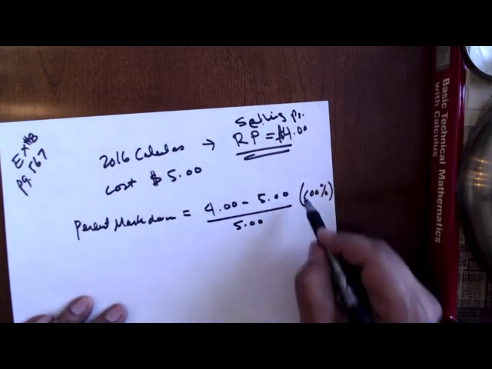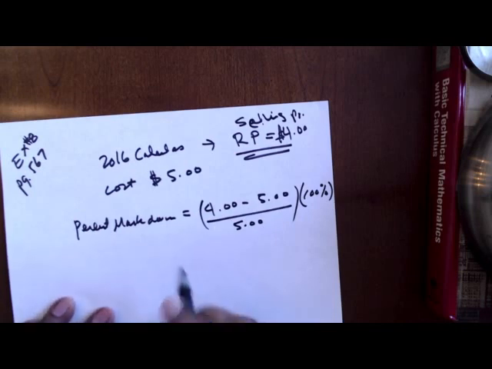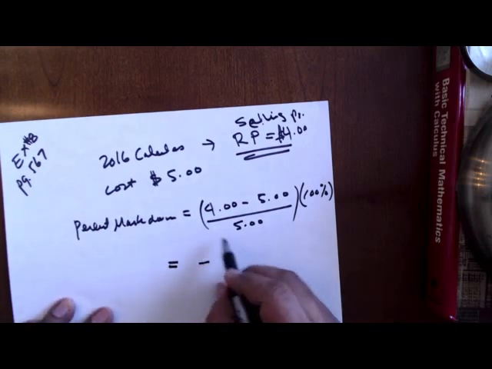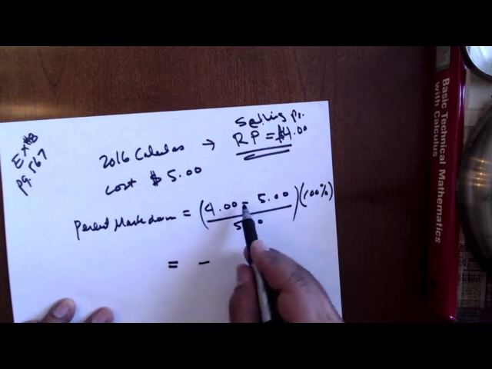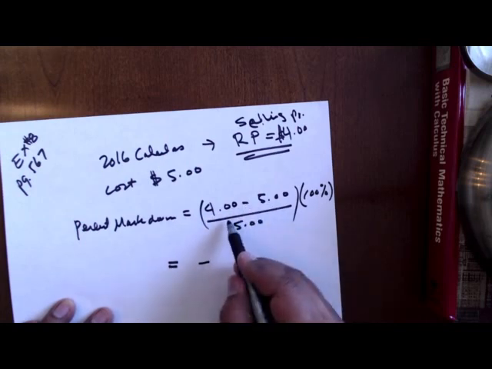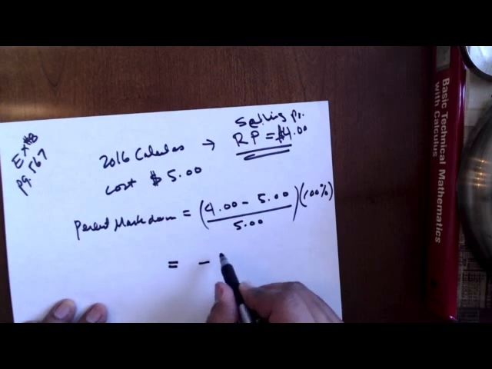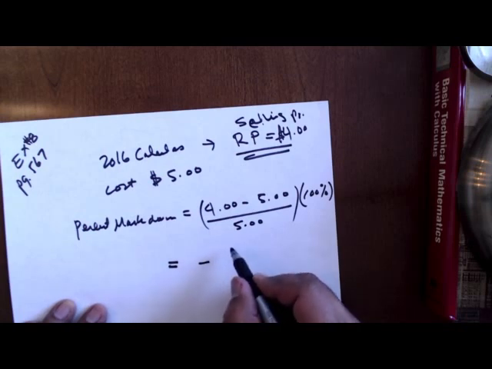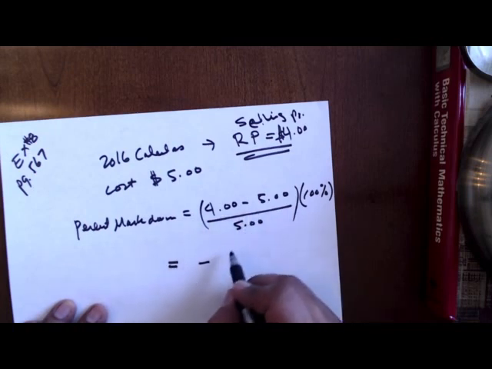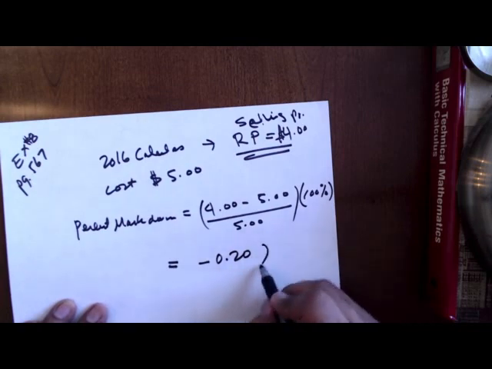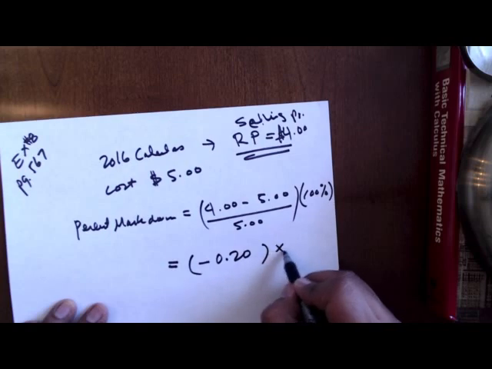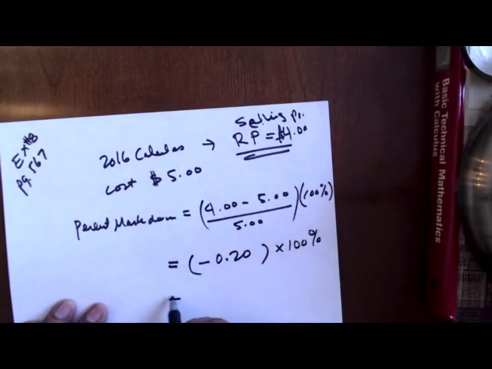We multiply all that, and what we get here is minus 0.20, and then we multiply all this times 100%, and so that's equal to minus 20%. So this is the markdown that they did.